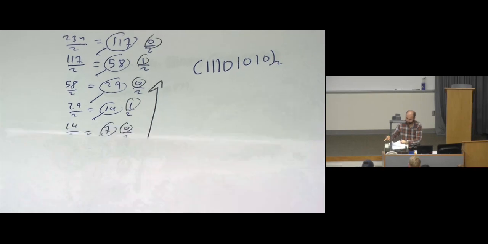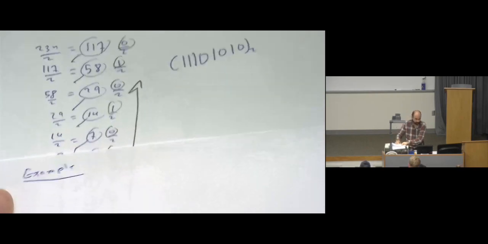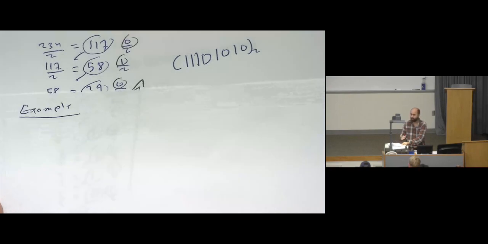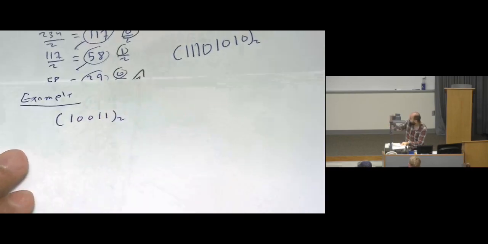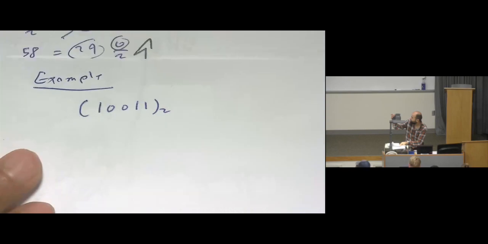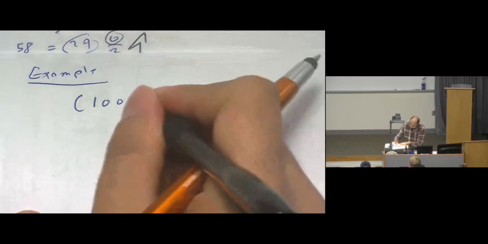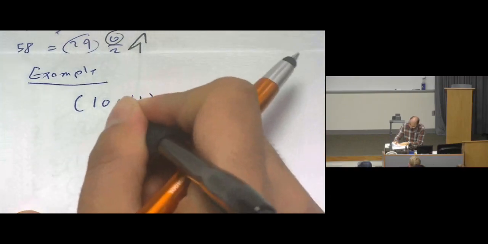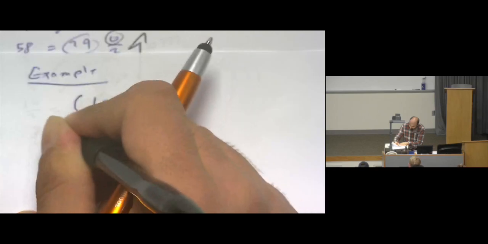Okay, let's try another example. Now we should be able to make the conversion from binary to decimal and vice versa, decimal to binary. So let's assume that we have 1, 0, 0, 1, 1 in binary, and I need to convert it to decimal. Basically, this is bit 0, bit 1, bit 2, bit 3, bit 4.